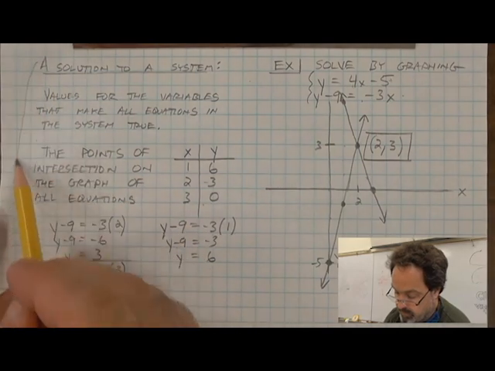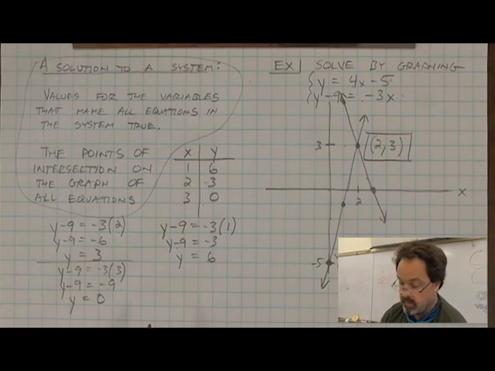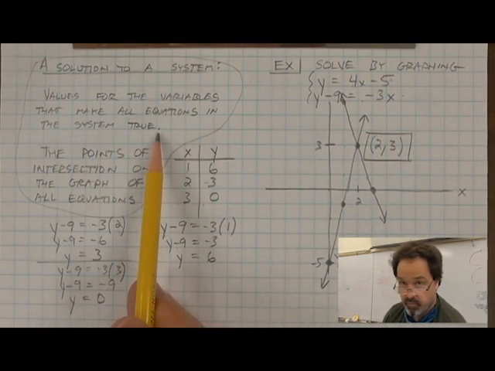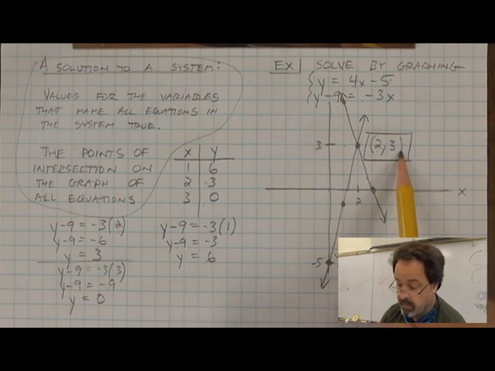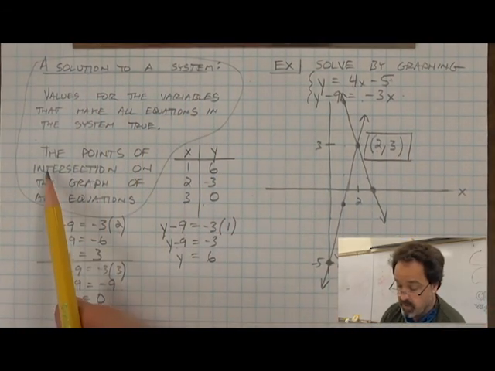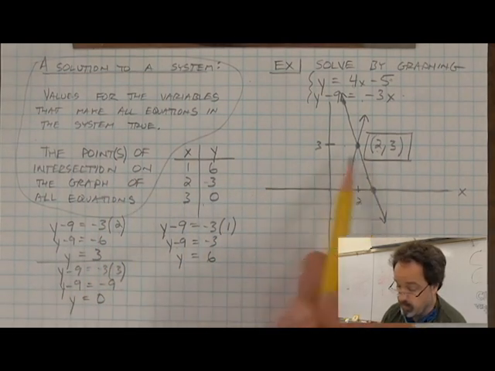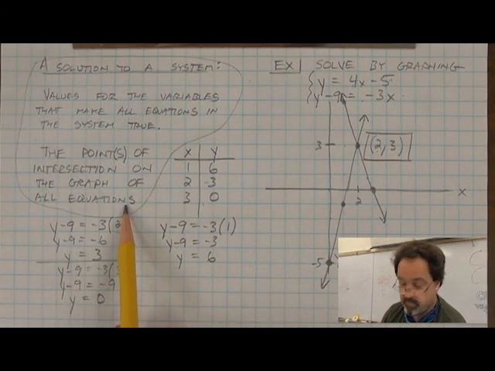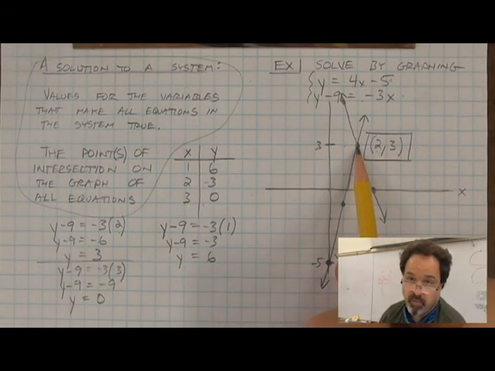I've updated my definition of a solution to the system. It is now values for the variables that make all equations in the system true. In this case, the values were found to be x is equal to 2 and y is equal to 3. And a solution to a system is the points. There might be more than one. In this case, there is only one. The point or points of intersection on the graph of all equations. So I found that point of intersection by graphing first and observing where they crossed.